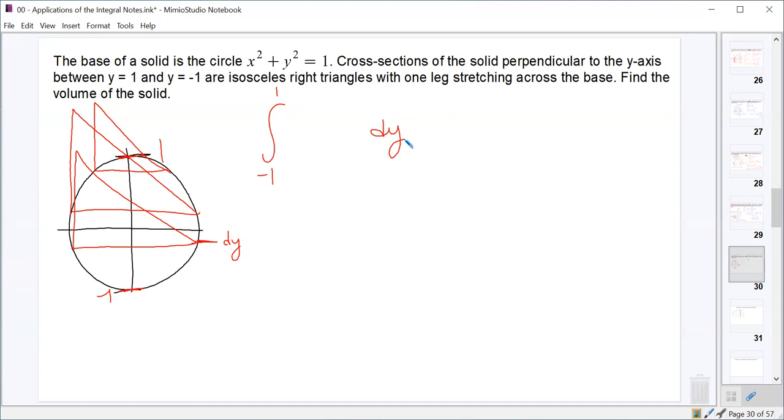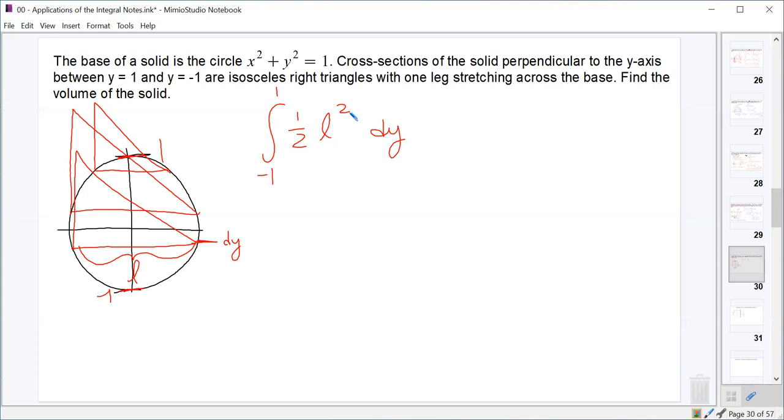And the area of one of these isosceles right triangles is just 1/2 the base times the height. Well, since they're isosceles right triangles, the base and the height are both the same. We'll just call them L, or leg. And this is 1/2 L squared. So we can't integrate 1/2 L squared dy. So we'll have to write L in terms of y.